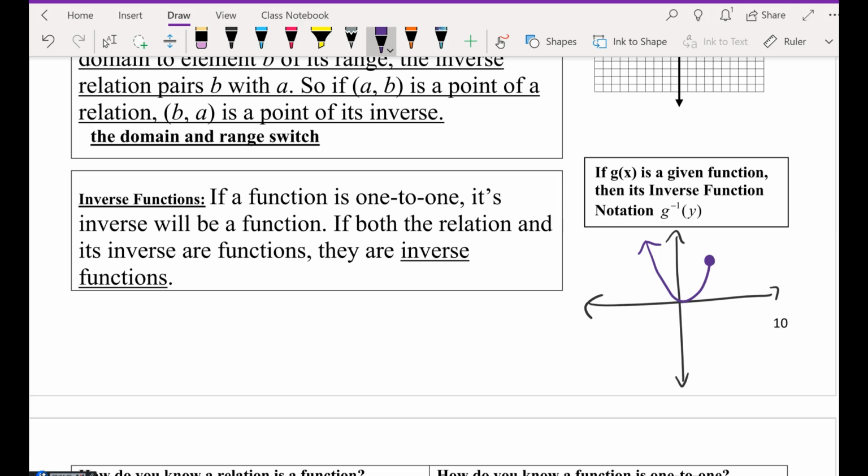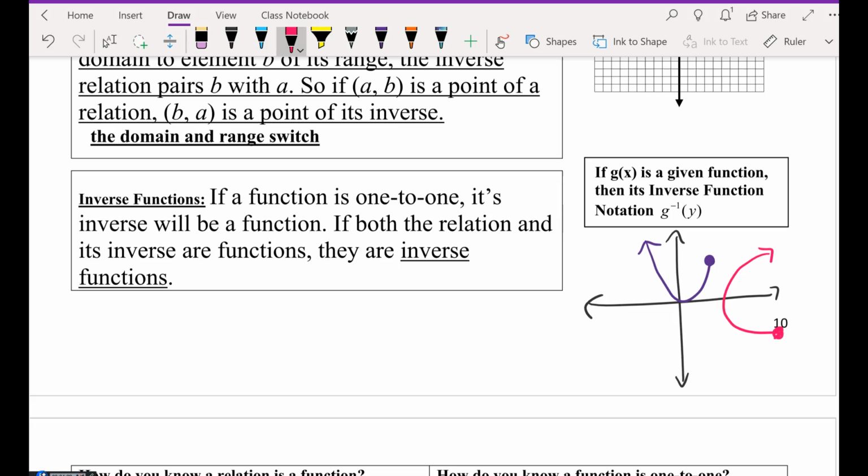Then I'm going to sketch another one. Is this a function? The purple and the red, okay? What's the difference? We know this is a function. Is this a function? What kind of test are we doing to check if it's a function?